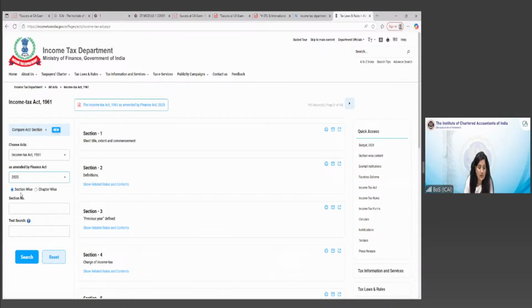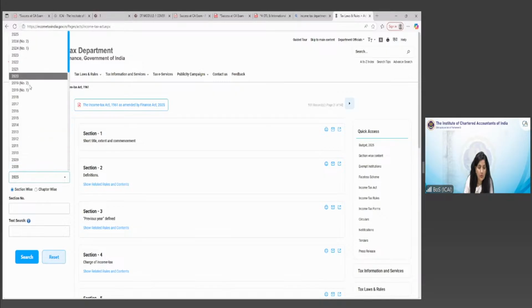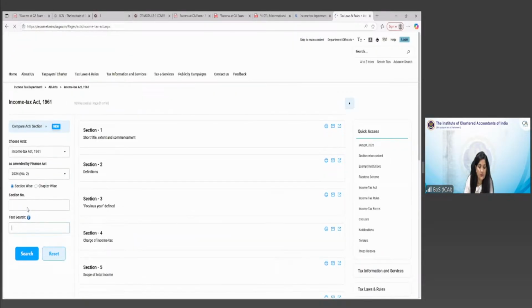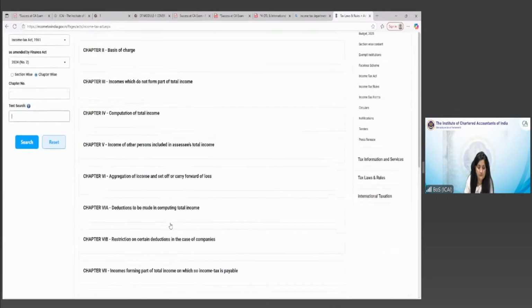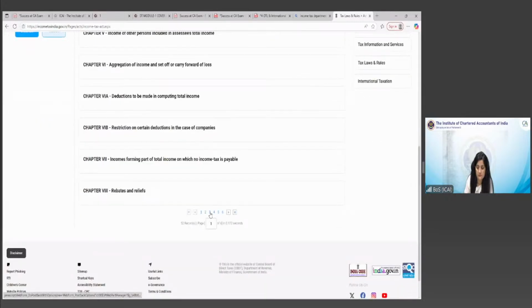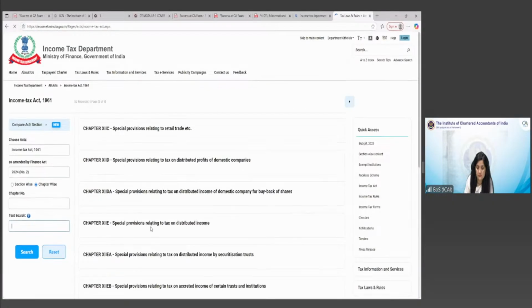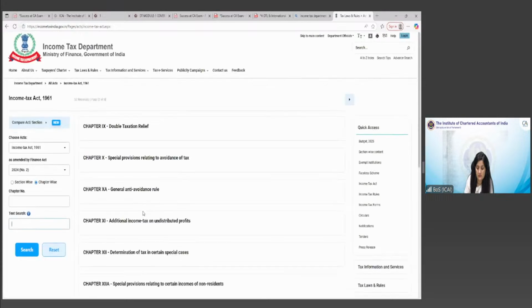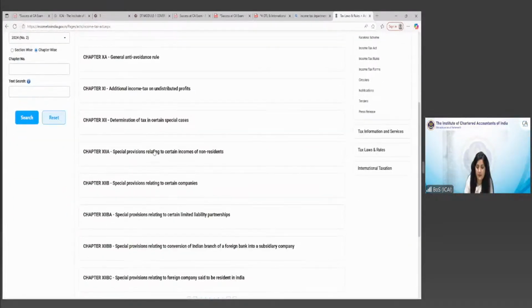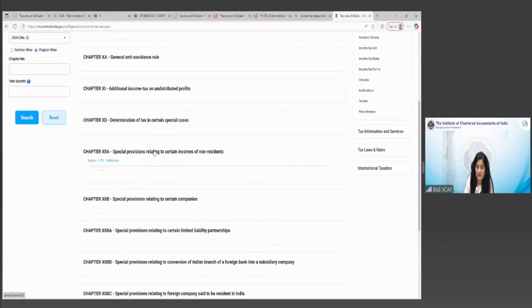So let's just revise this once a little bit. What is chapter 12? Special provision relating to certain income of non-residents.